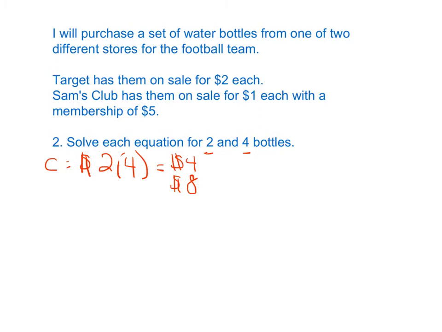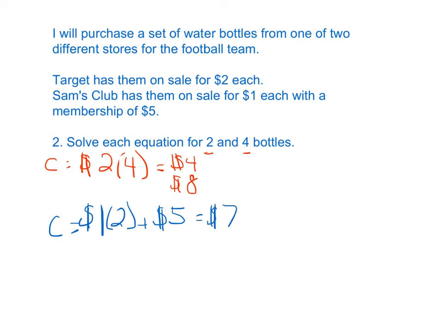Now, for Sam's Club, it's going to be a little bit different. Remember that for Sam's Club, the equation was C equals $1 times the number of bottles plus that $5. Let's figure this out for 2 bottles. First, order of operations, we handle 1 times 2, which is 2, plus that 5. Altogether, from Sam's Club, we're going to be paying $7.